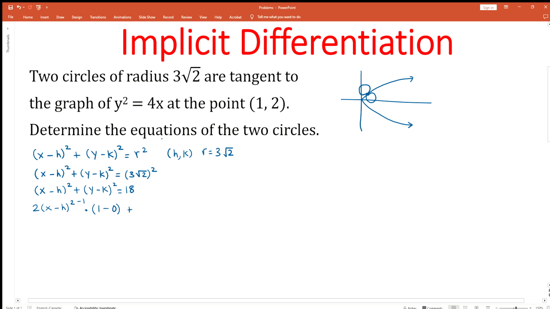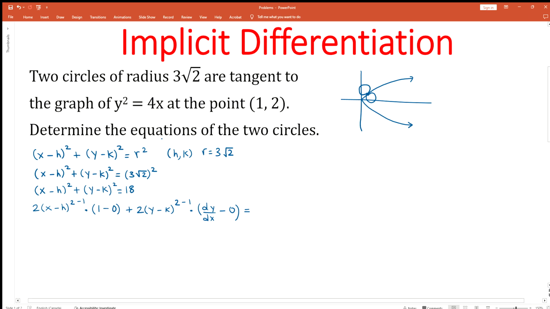Now we can use the chain rule for the second term, (y minus k) squared. We move the exponent 2 to the front of the term and subtract 1 from 2 in the exponent, times the derivative of the inner function. The derivative of y with respect to x is dy over dx, and the derivative of k is equal to 0 because k is a constant.